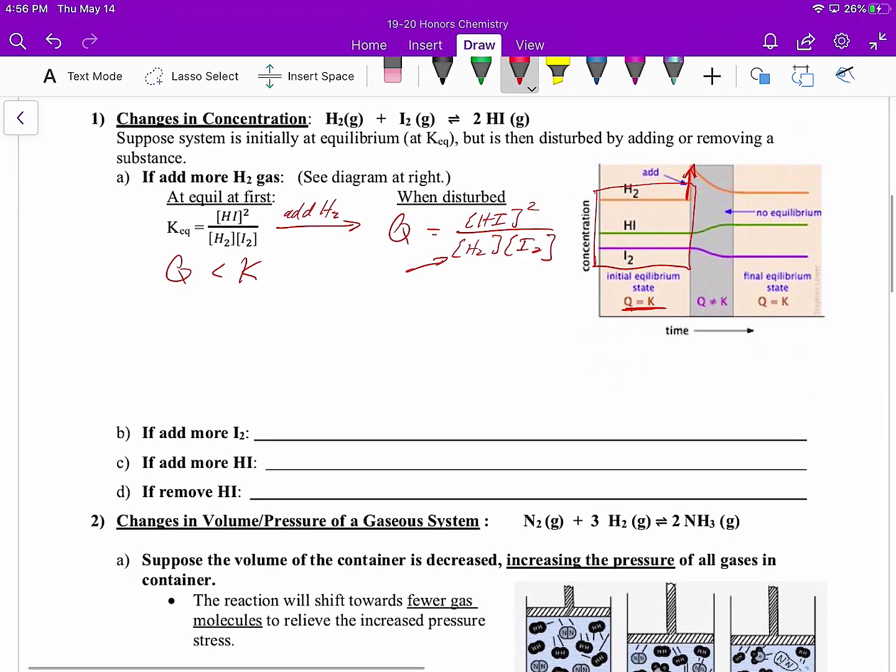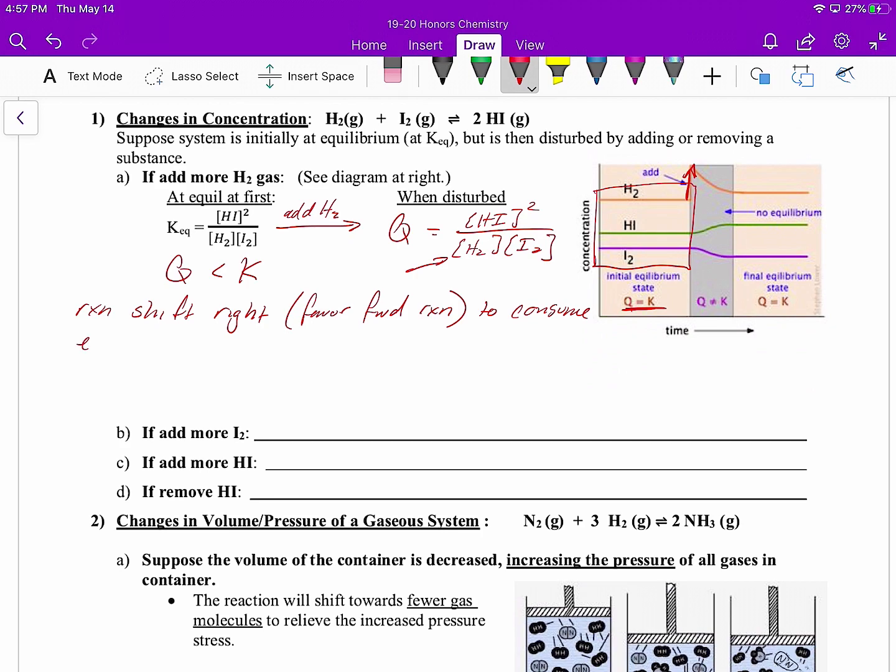So the reaction is going to shift to the right, to temporarily favor the forward reaction to consume the excess reactant that was added.